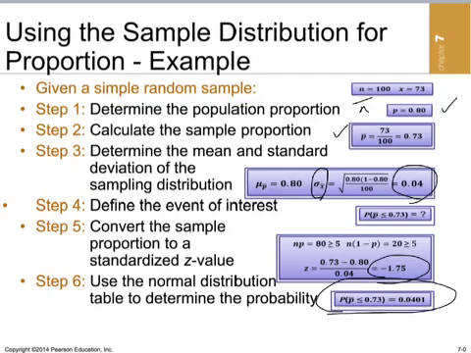So what that means is that the area in the z table that corresponds to negative 1.75 must have been 0.4599, which will give you then 0.0401 when we subtract it from 0.5. Okay? So that's a quick and dirty example.